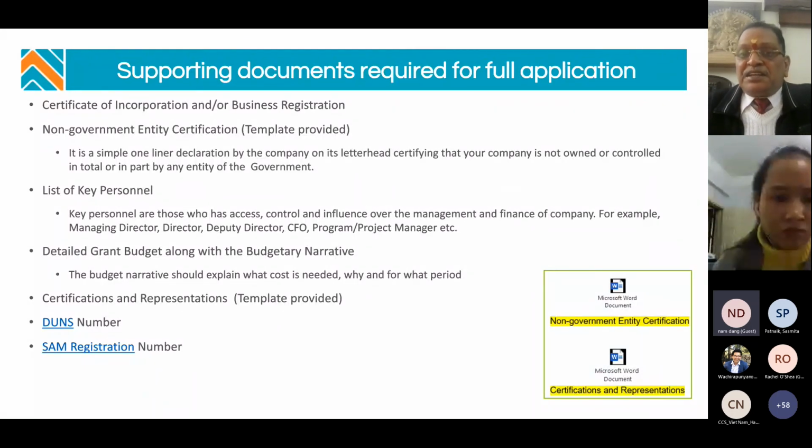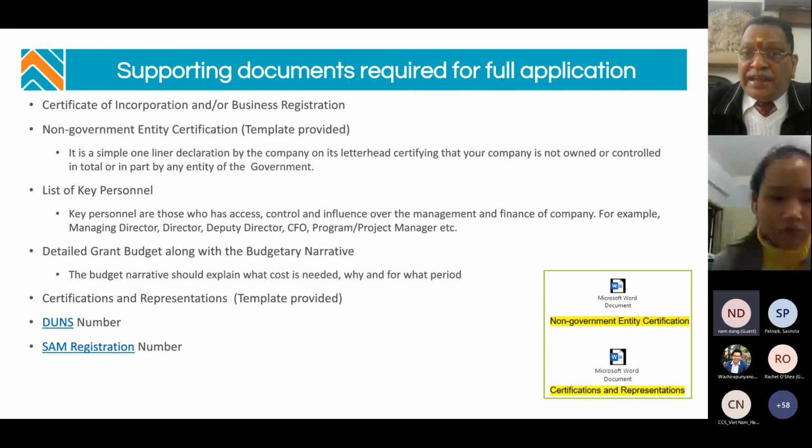These are the representations required as per the federal regulations, and every applicant without exception has to provide all these certifications. And last but not least, you have to provide the DUNS number and SAM registration number.